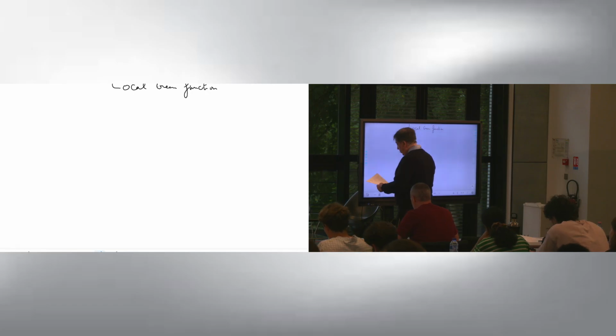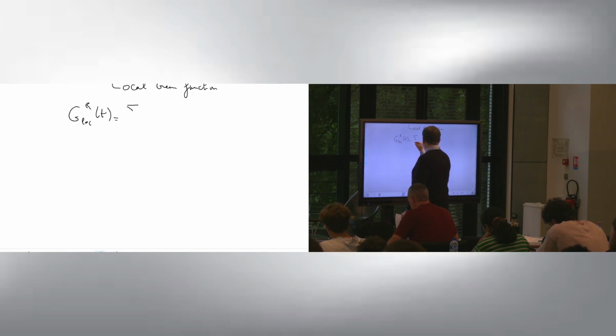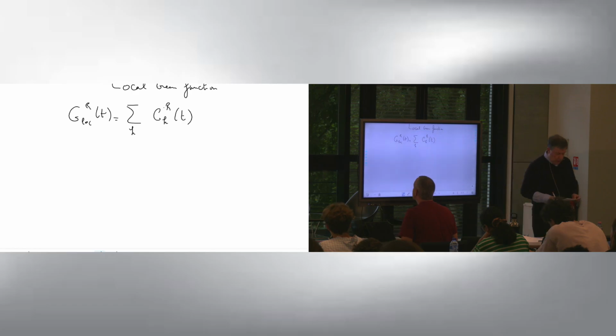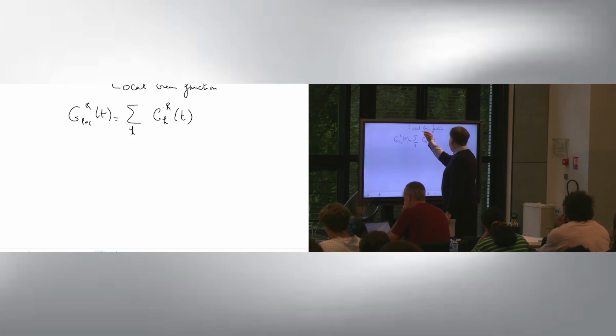The other object which we'll use is the local Green function, which is defined as G local retarded equal to the sum over K of G K retarded of omega. That will be an important object which we will see and manipulate later.